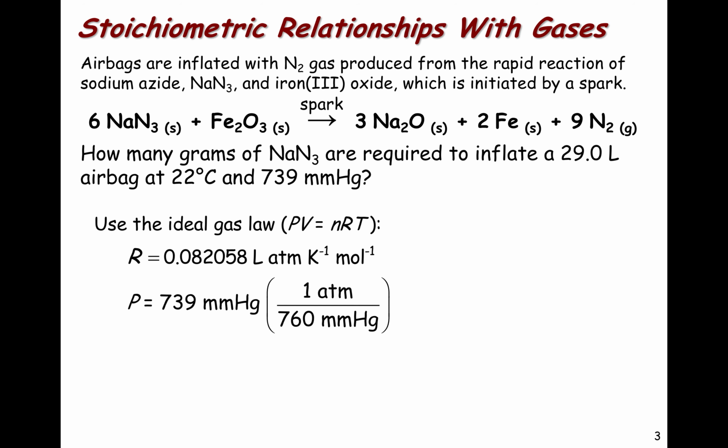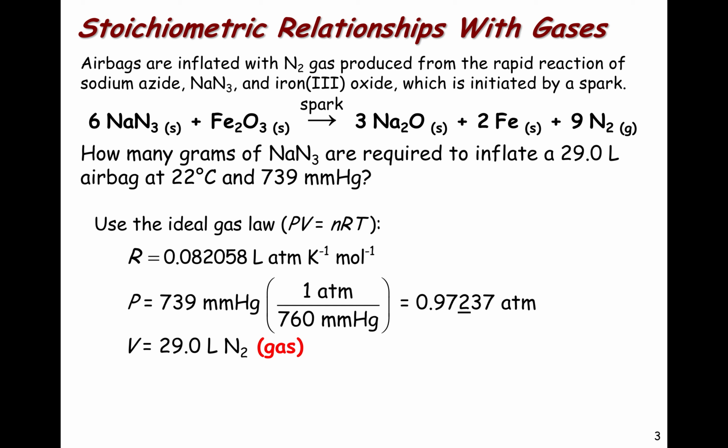And so we know that there are 760 millimeters of mercury for every 1 atmosphere. So dividing by the 760 gives us a little less than 1 atmosphere of pressure. The volume is in liters, which are the same as the units in the gas constant, so we don't need to do any conversion there.